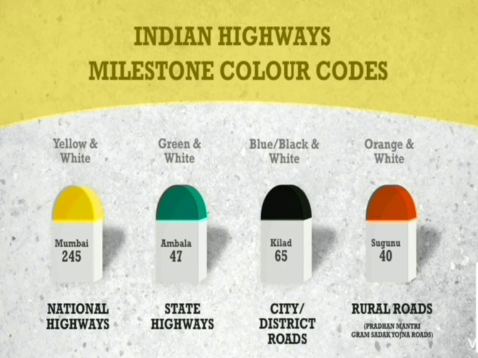For National Highway, the color code is yellow and white. For state highways, the color code is green and white. For city or district roads, the color code is blue or black and white. For rural roads, the color code is orange and white.